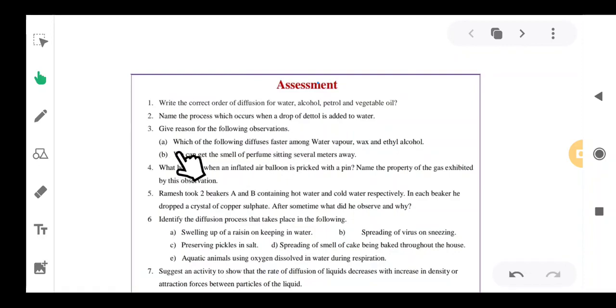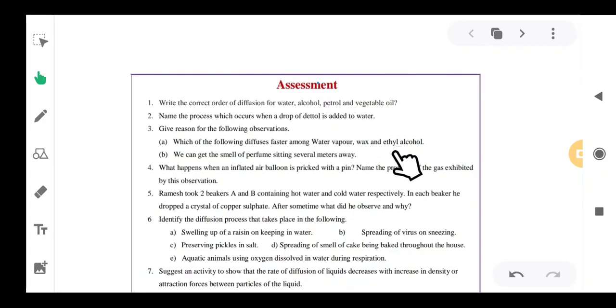Which of the following diffuses faster among water vapor, wax and ethyl alcohol? We have to say which of these three diffuses first. If you see the density, wax has higher density, then water vapor, and then ethyl alcohol.